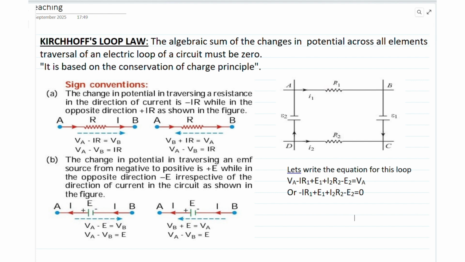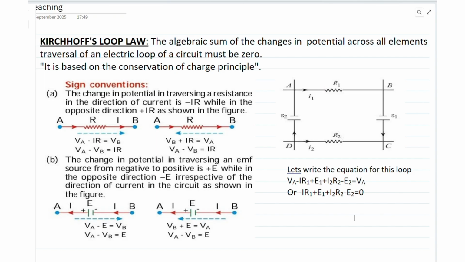We'll start from point A and move in this loop A, B, C, D, and back to A. We can write potential at A minus IR1, because we are moving in the assumed direction of current.